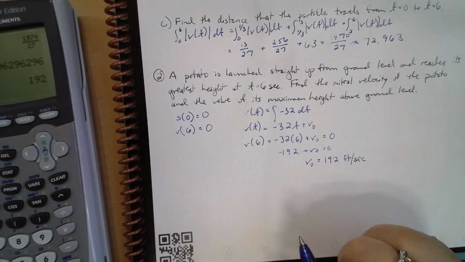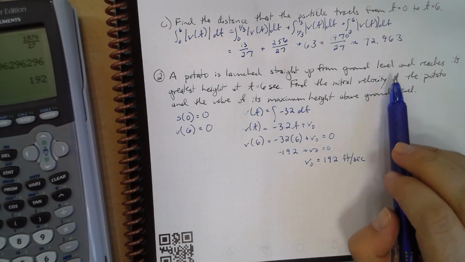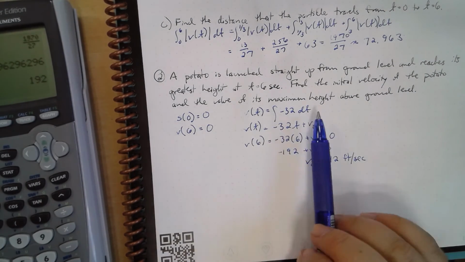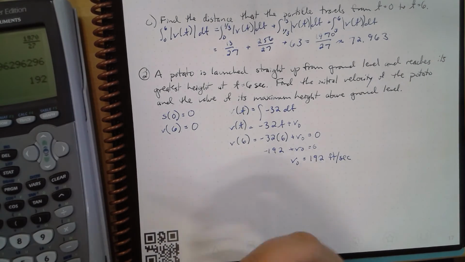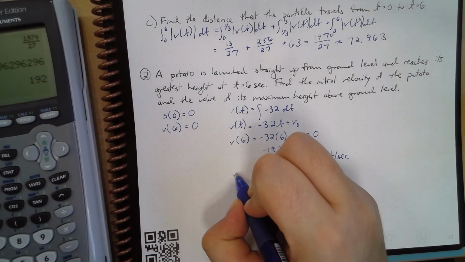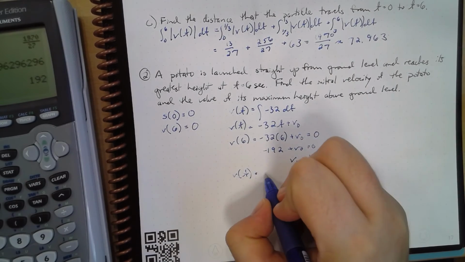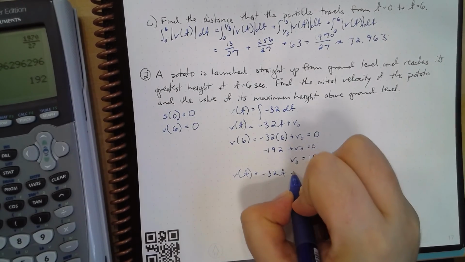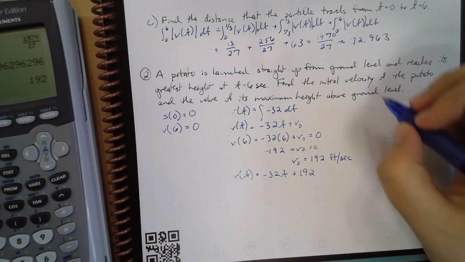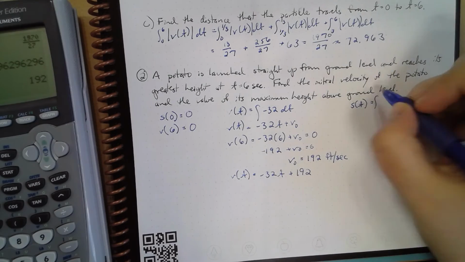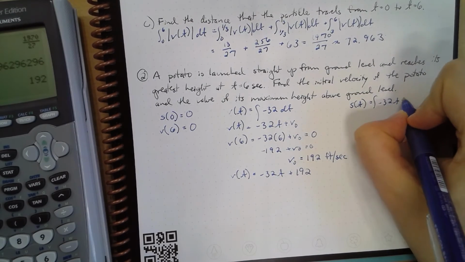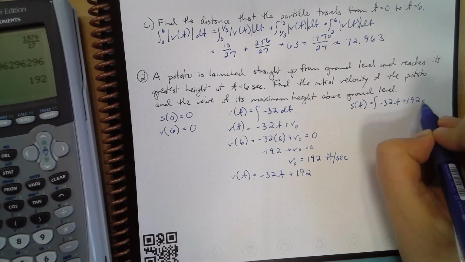Don't forget that you always have to label. So we found our initial velocity, and we want to find its maximum height above ground level, okay? We now know that v of t is equal to negative 32t plus 192. Our maximum height, s of t, is going to be the integral of negative 32t plus 192 dt.